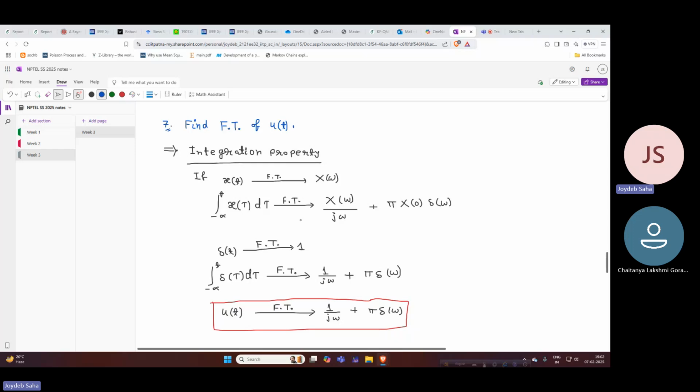Take 2-3 minutes, and then one more minute, and try to understand what we have done.